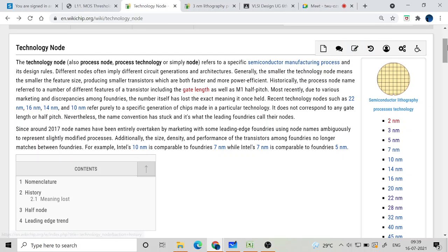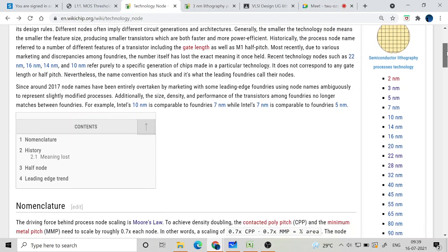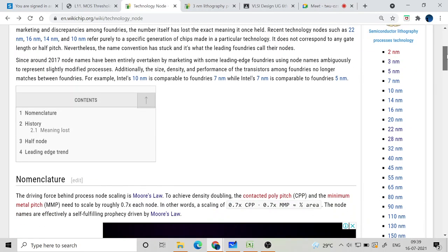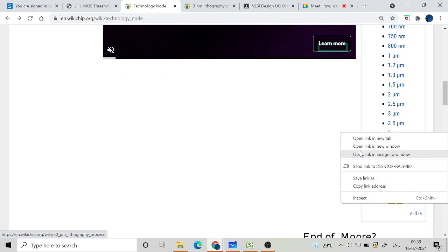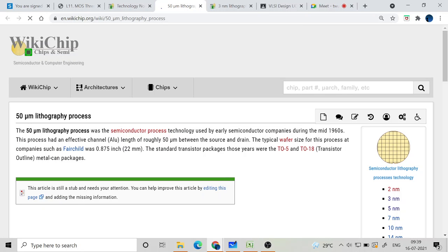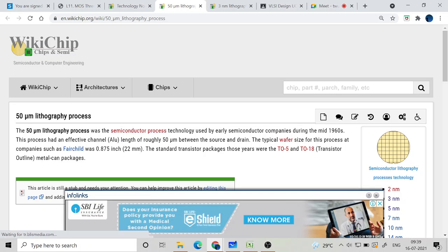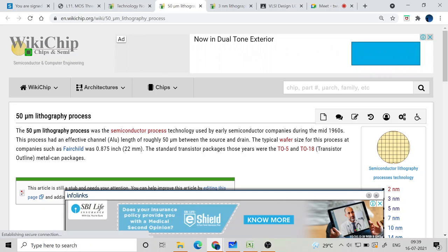Now, on the right side, you see various technology nodes. If you go to the bottom of it, you will see 50 micrometer, which is a very old technology node. If you go to that page, you can get an idea what kind of transistors and chips were manufactured using the 50 micrometer lithography process.